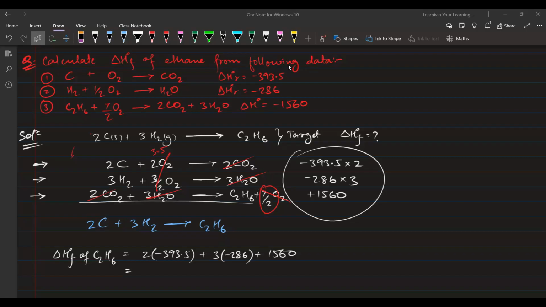Yes, sir, it's negative. Shaima, correct. This will come out to be -85. Whatever be the unit here, kilojoule per mole, the same unit will be here also. Correct, Zainab?